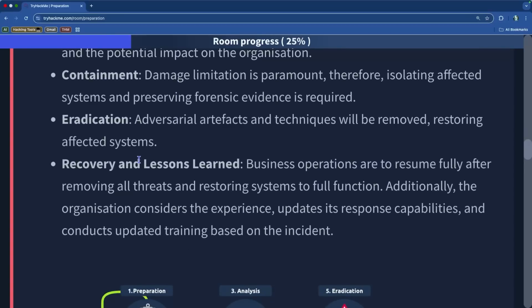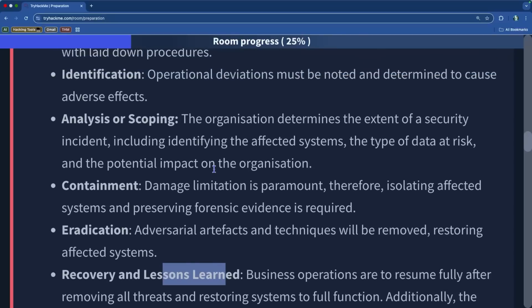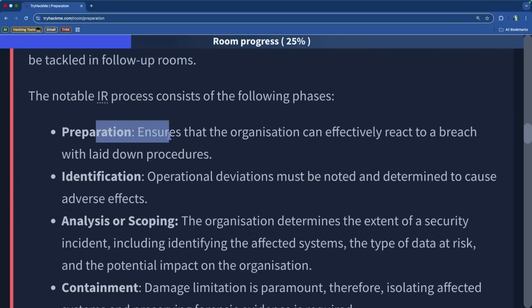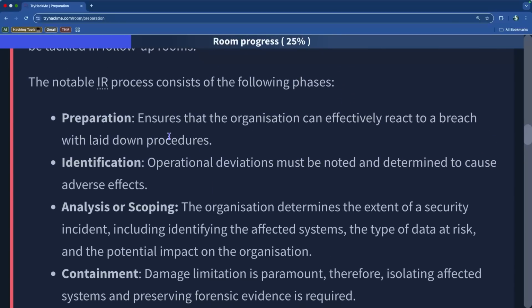And once you've gone through this and you've done recovery and then lessons learned, you put all of those lessons in the preparation plan again, so that you can effectively react to another breach, and you would hopefully never have to deal with the same kind of incident. In an ideal situation, you would only deal with one incident one time, and then never have to deal with it again, because you did really good lessons learned, and then you prepared so that it never happens again.